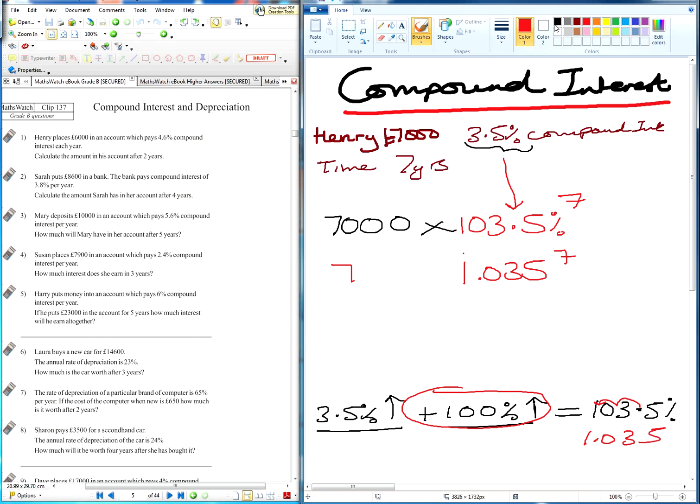So £7,000 was our principal amount, and this is our actual calculation.